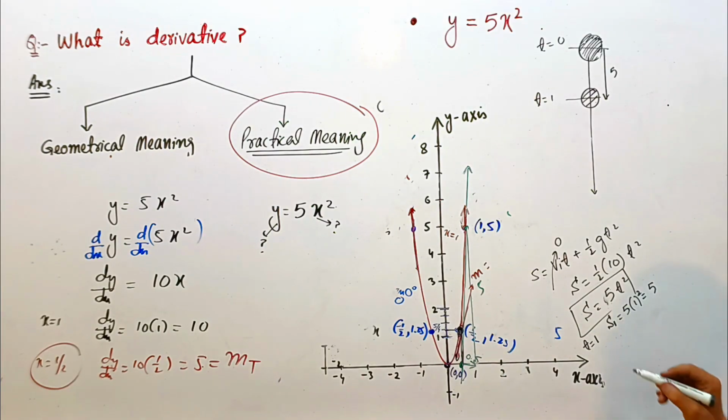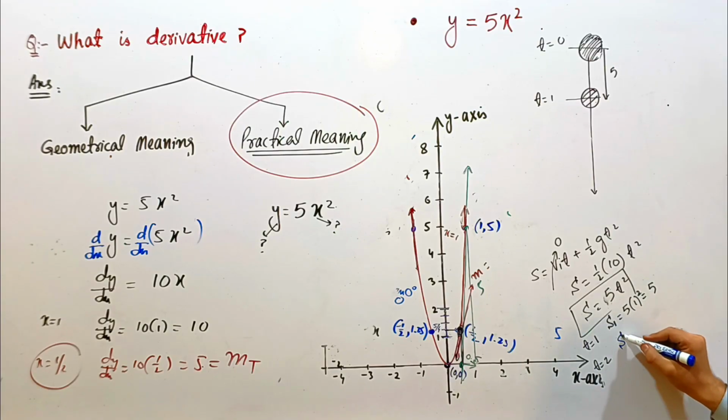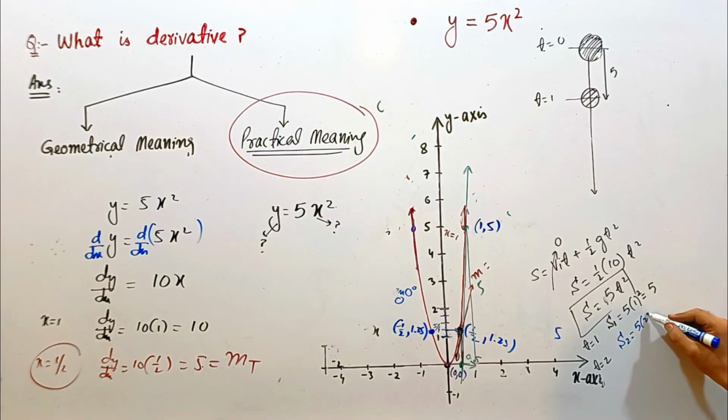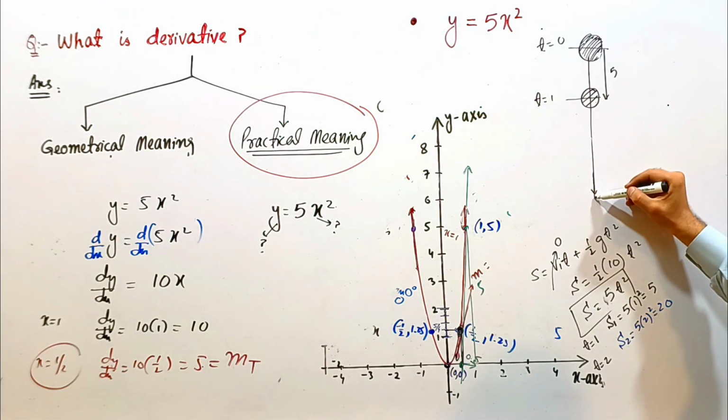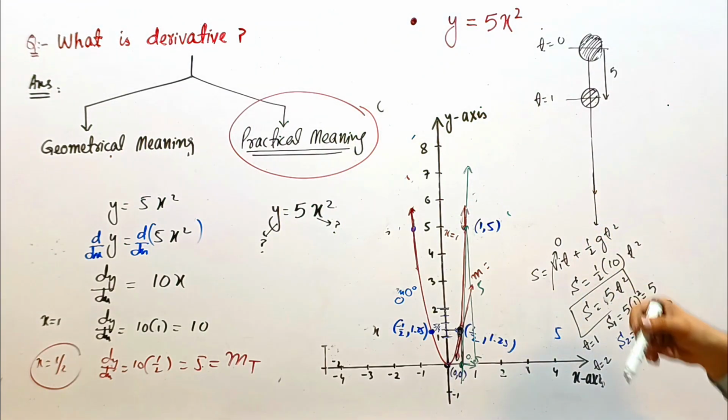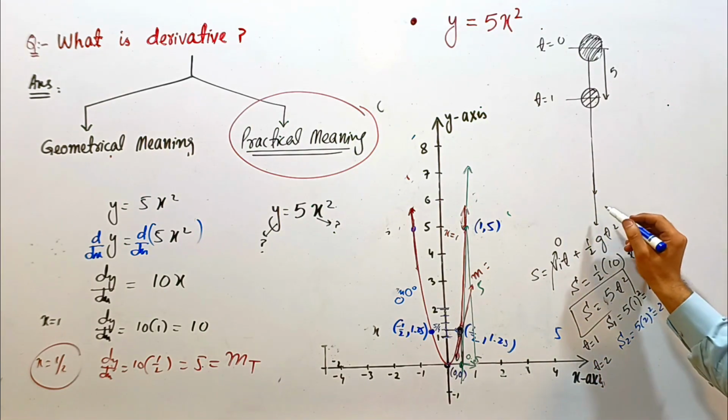If you put t is equal to 2, let me highlight it with blue marker, s2 is 5 into 2 squared, which is equal to 20. After 2 seconds, my sweet students, the ball will be at this position.